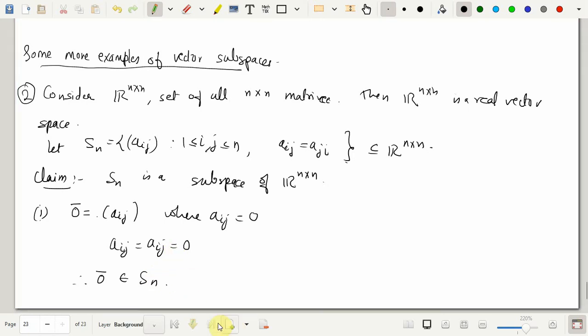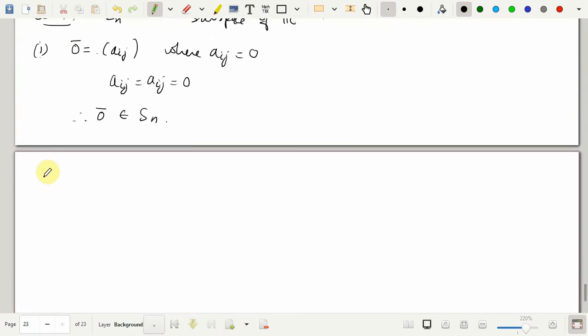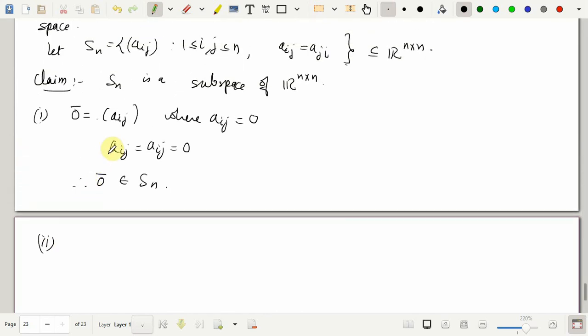Now the second property we need to check: if I take any two matrices from this Sn, will the sum be an element of this Sn?